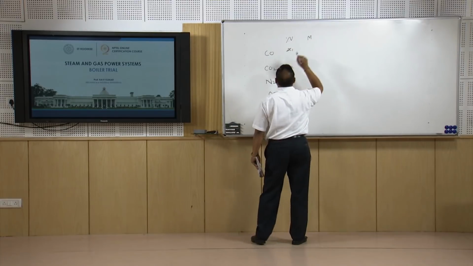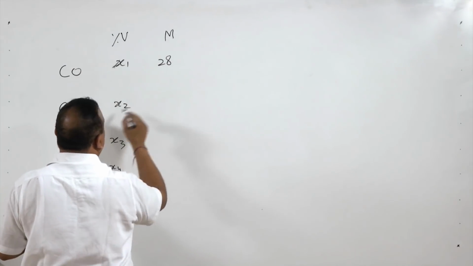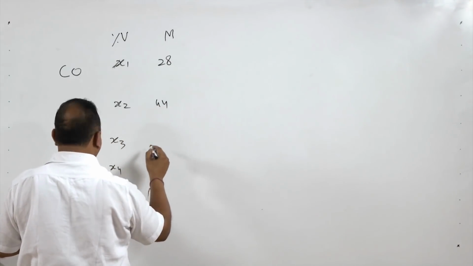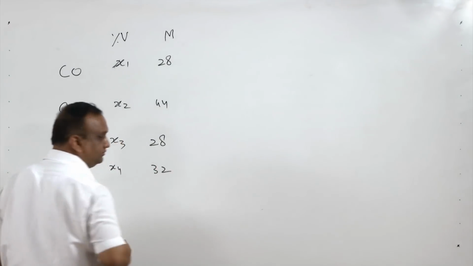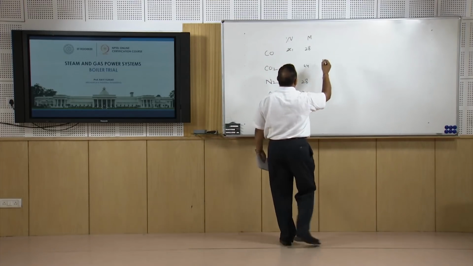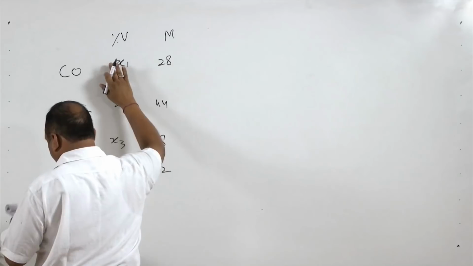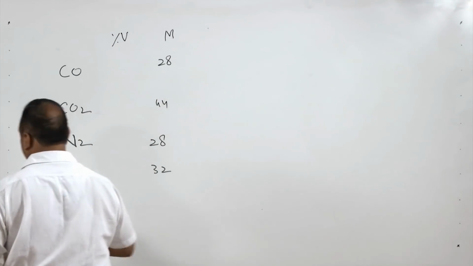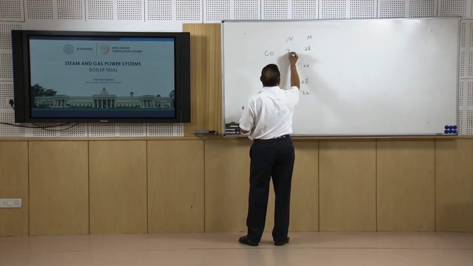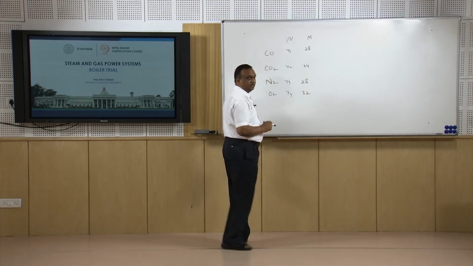Molecular mass for CO is 28, for CO2 it is 44, for nitrogen it is 28 again, and for oxygen it is 32, right? Now let us not get confused with X and Y, so we will take Y1, Y2, Y3 and Y4, right?